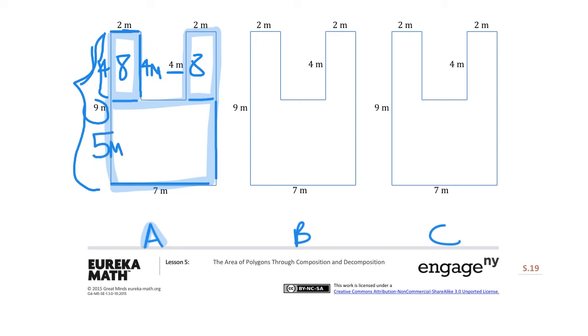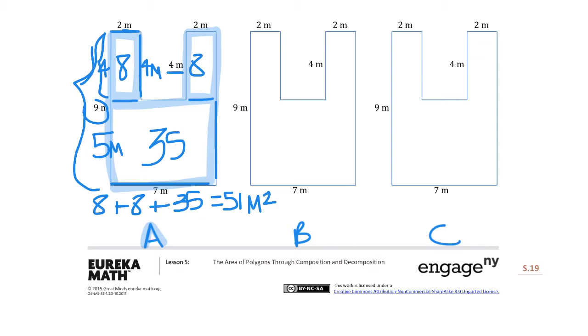So that means the height of this rectangle at the bottom is 5. 7 times 5 is 35. So now I add my 3 sections together. I can do that on my calculator. 8 plus 8 plus 35 equals 51 meters squared.